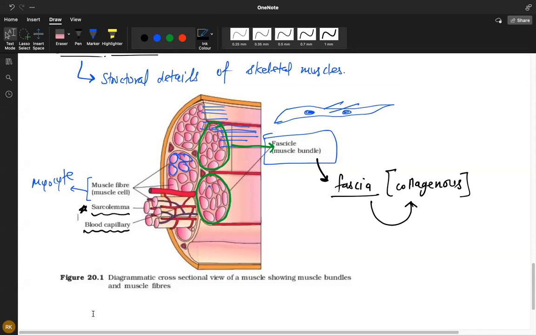Very good. Now coming to blood capillaries, write down: muscles are associated with very fine blood capillaries that provide the muscles with nutrition and oxygen.